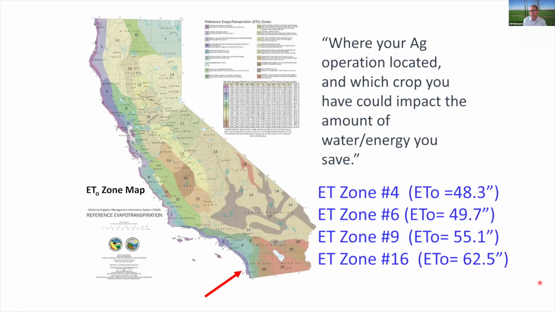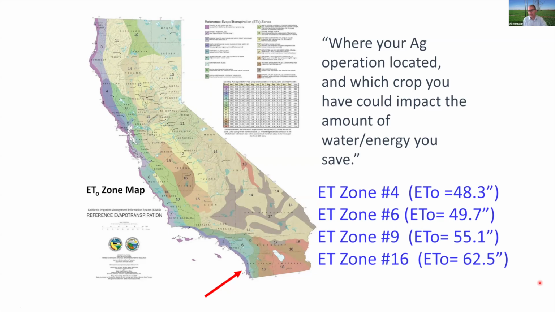So in California, we have 18 different ETO zones. When you look at San Diego County, we have 4 different ET zones. Closer to the coast, we have lower evapotranspiration, or lower ET. The entire year ETO in zone 4 close to the coast is about 48 inches.